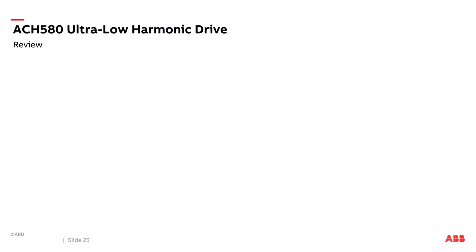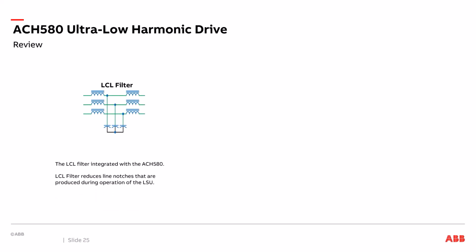Let's do a review of the ACH580 Ultra-Low Harmonic Drive. The LCL filter is integrated with the ACH580 drive. The LCL filter reduces line notches that are produced during the operation of the line supply unit. The inductance of the filter also provides impedance between the line side unit and the line.